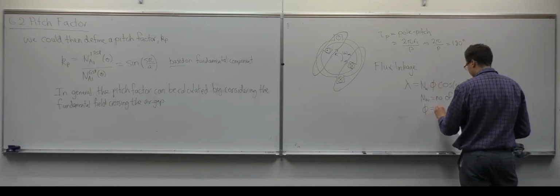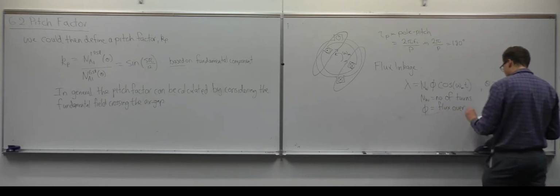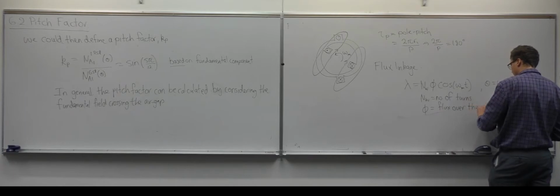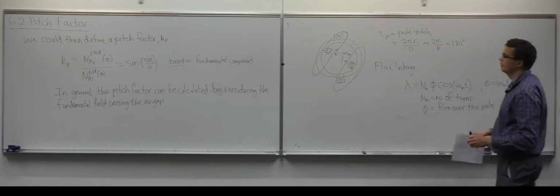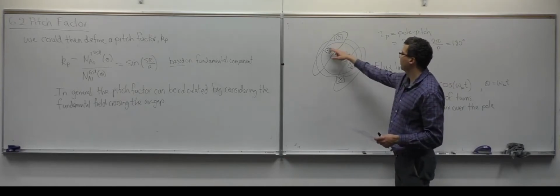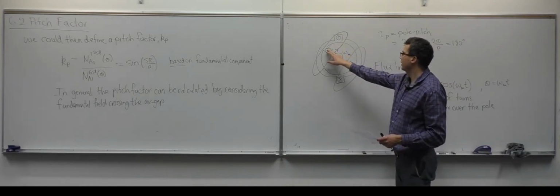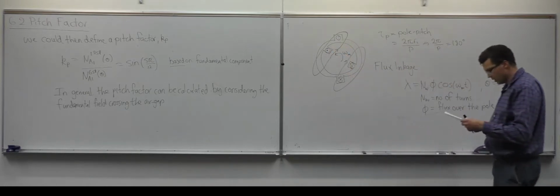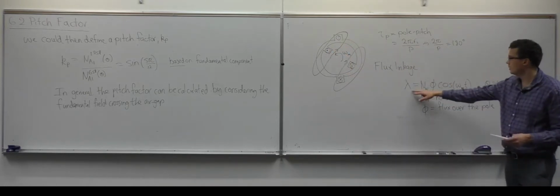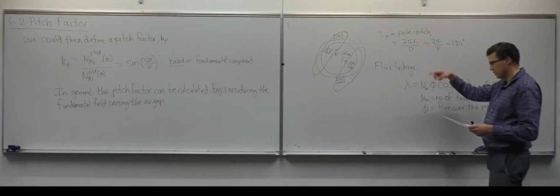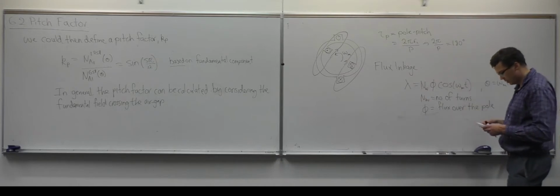This would be the flux over the pole, so from this winding all the way around to the other part, from one slot to the next. So then if this is the flux linkage, we can calculate the induced voltage as a function of rotation.